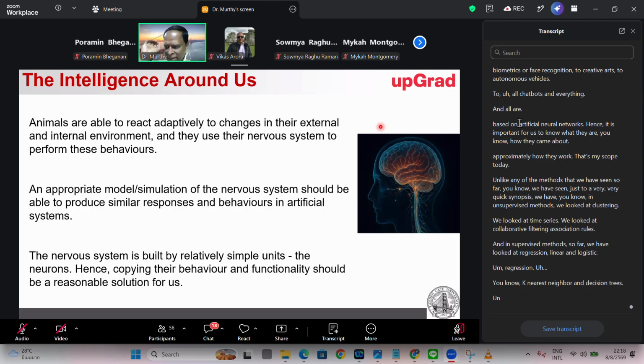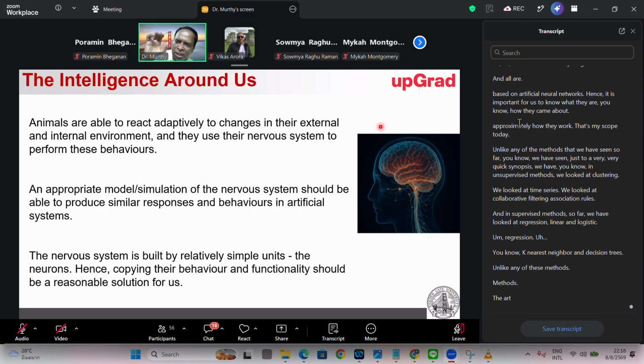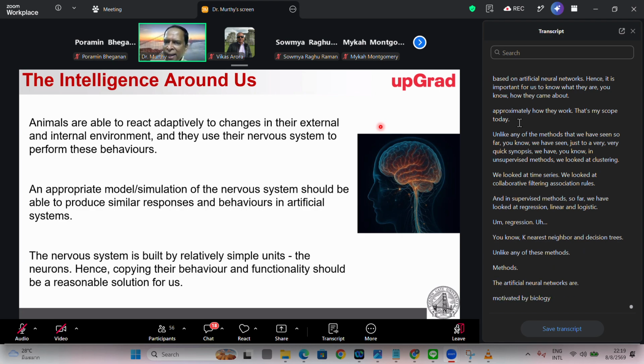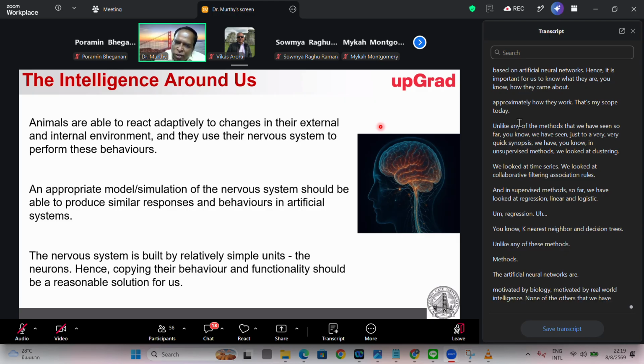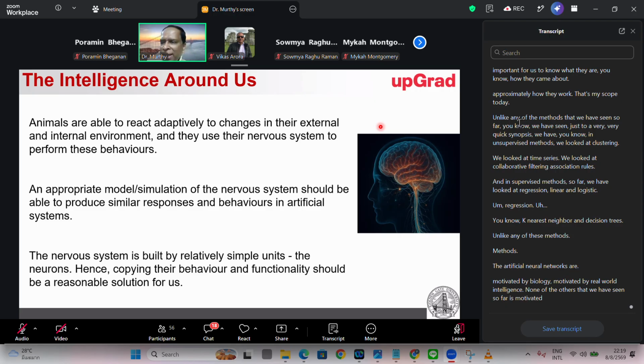Unlike any of these methods, artificial neural networks are motivated by biology, by real world intelligence. None of the others that we have seen so far is motivated by biological intelligence.